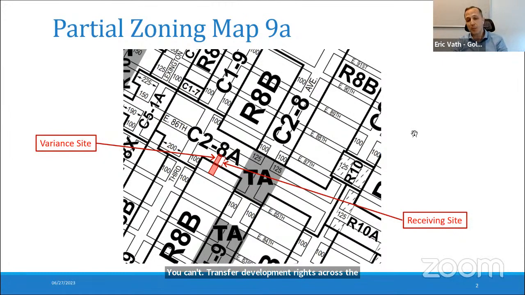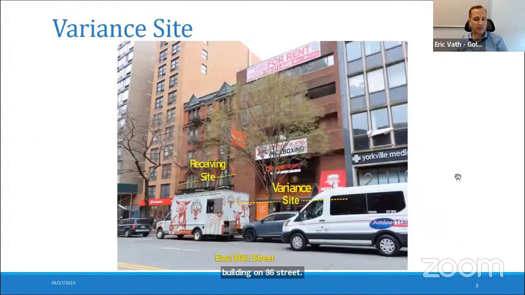So the subject development rights that we're talking about are only those that are available in the C2-8A. Quick note about the receiving site. The receiving site is owned by Postgraduate Center for Mental Health. You might be familiar with that building on 86th Street. Let me show you some photographs of both the variance site and the receiving site.